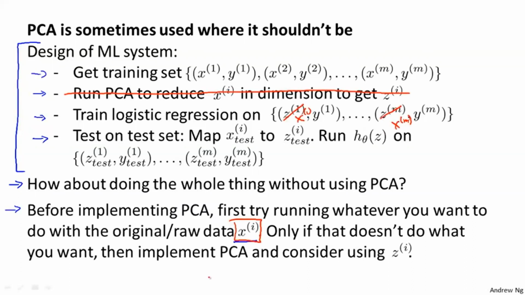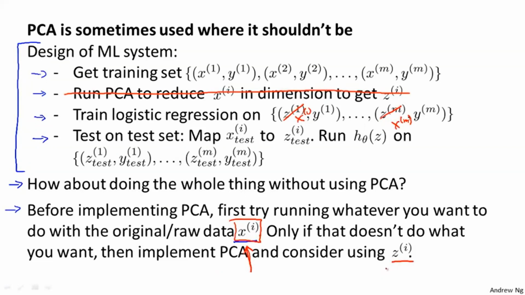And only if you have a reason to believe that doesn't work. So only if your learning algorithm ends up running too slowly, or only if the memory or disk space requirement is too large, so you want to compress your representation. But only if using the xi doesn't work, only if you have evidence or a strong reason to believe that using the xi won't work, then implement PCA and consider using the compressed representation.